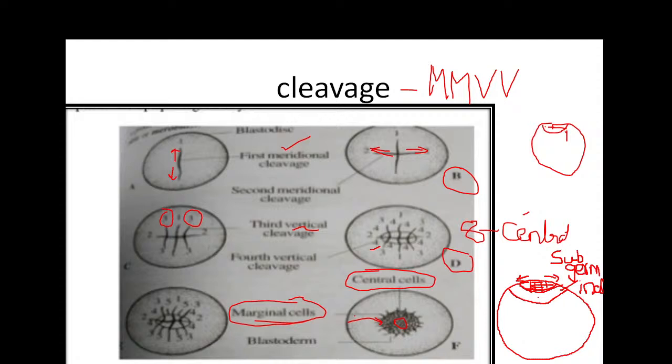And as a result of further cleavage, the central cells or the central area will get separated from the yolk and a cavity is formed in between, and that cavity is called the subgerminal cavity. Then the marginal cells are continuous with the marginal cells that are in contact with the yolk.